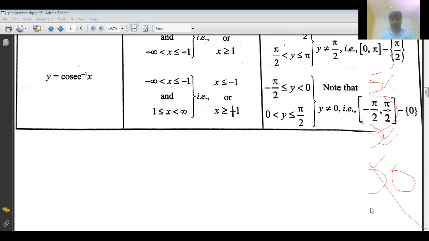So 45 is the angle. Angle lies in between that. So the angle pi by 4 belongs to minus pi by 2 to pi by 2.